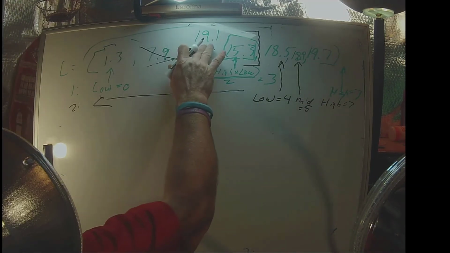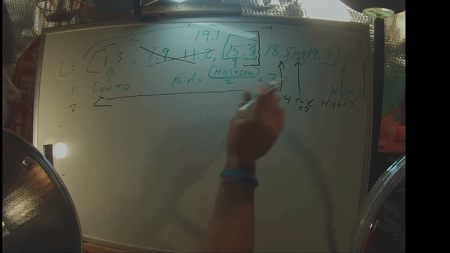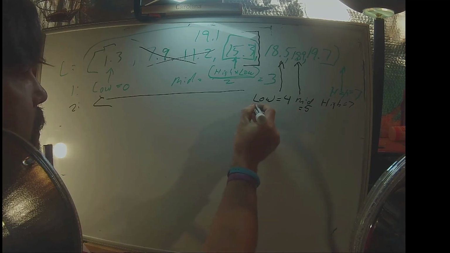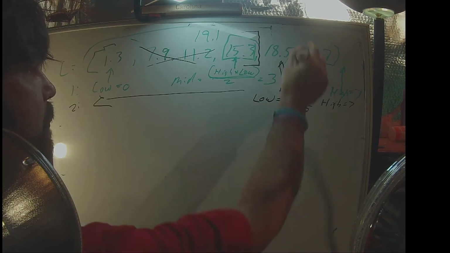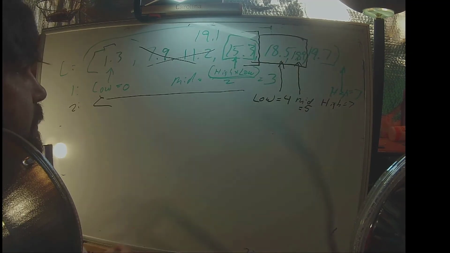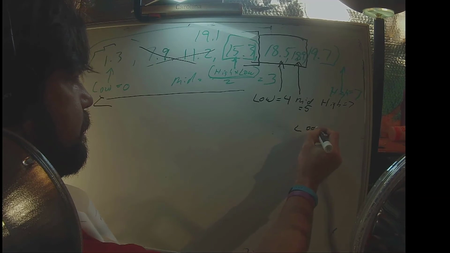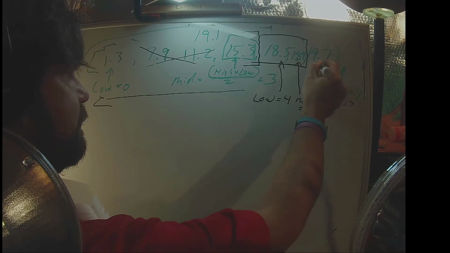And now we look, is 19.1 greater than 18.9? The answer is yes, right? So now we take our low and we move it one past the midpoint and eliminate all of these values. Okay, so now our low equals 6, which, by the way, is the end of the list.